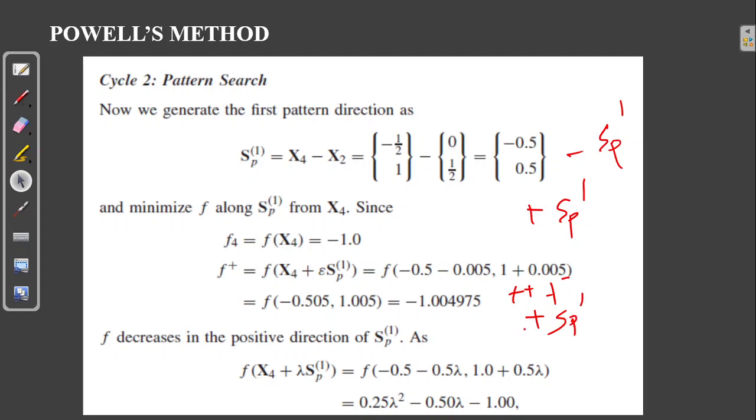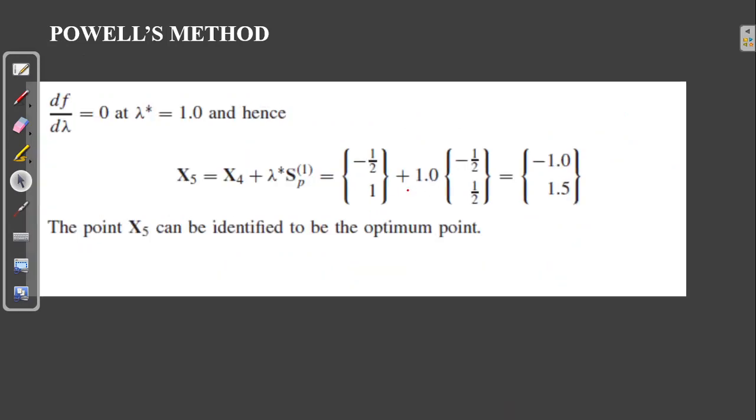So we choose that, and we get this in terms of lambda, and we optimize lambda by Newton's method, that is df by d lambda equal to 0, and solve for lambda. That will be the optimum value for lambda, denoted by lambda star.